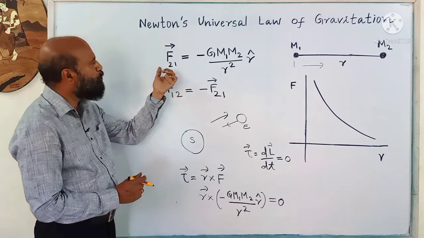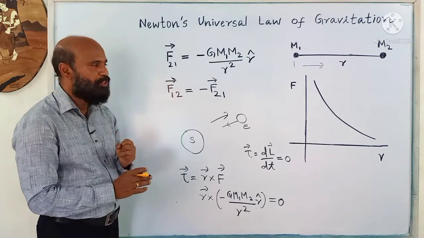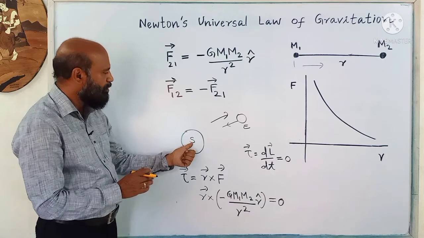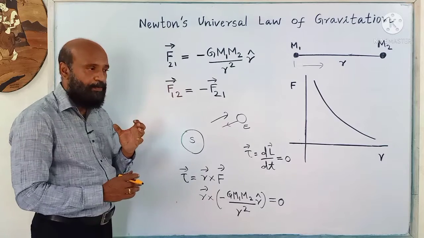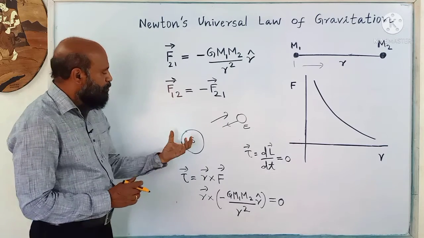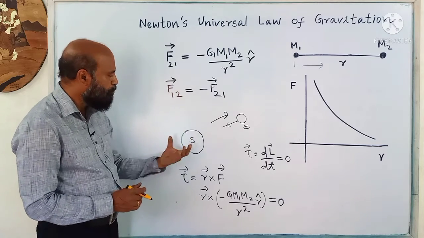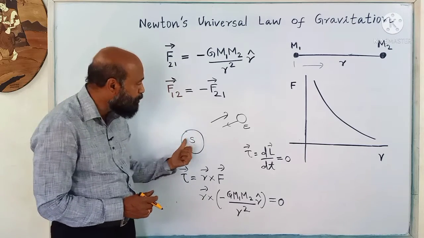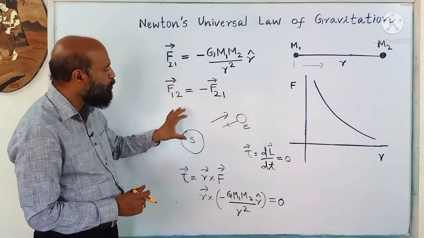In the application of Newton's universal law of gravitation, we made an assumption. Both sun and earth are assumed to be point masses. It's a good approximation. The sun is a large body, but the distance between sun and earth is very large, so this is a good approximation.